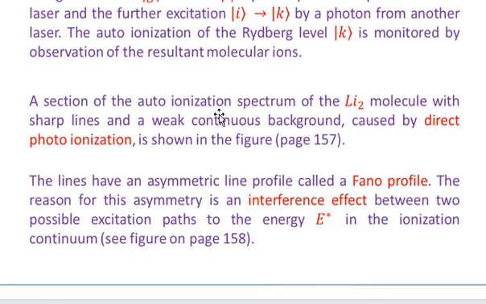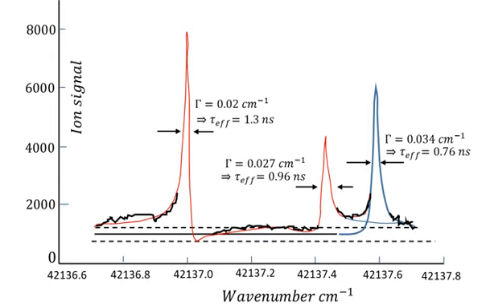A section of the autoionization spectrum of the lithium diatomic molecule with sharp lines and a weak continuous background caused by direct photoionization is shown in figure number 150 on page number 157. For example, this figure.